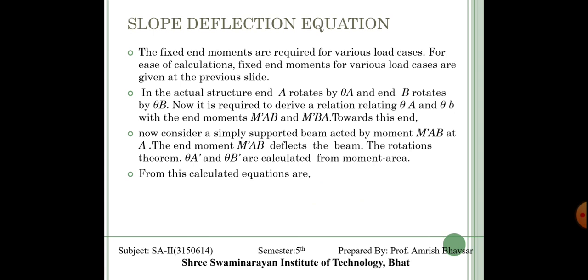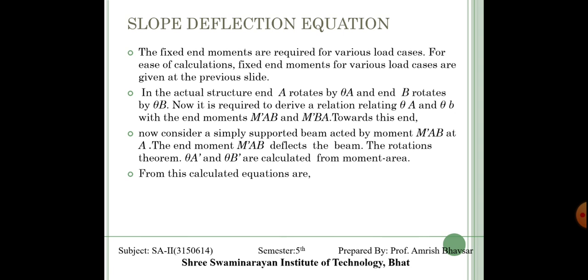In the actual structure, end A rotates by theta A and end B rotates by theta B. Now it is required to derive the relation relating theta A and theta B with the end moments, that is, moment AB and moment BA. Now consider a simply supported beam acted on by the moments MAB at A and MBA at B, and the end moments deflect the beam. The rotations theta A and theta B are calculated from the moment area method.